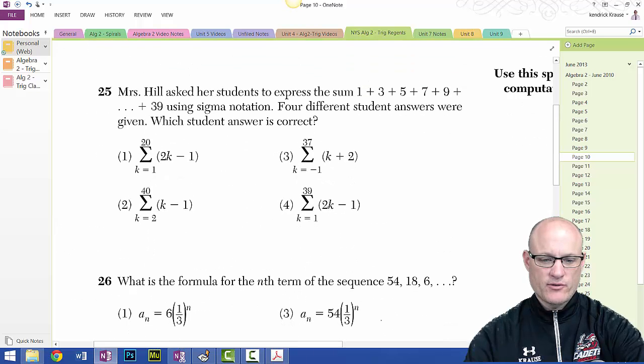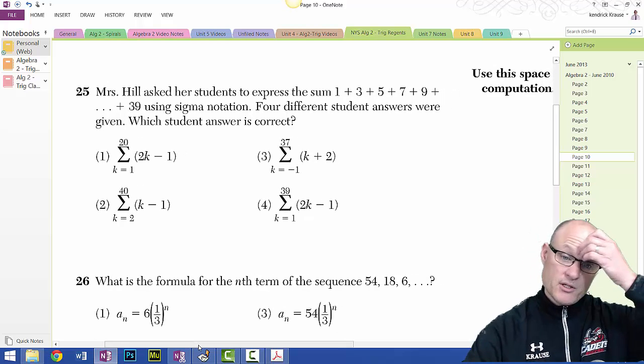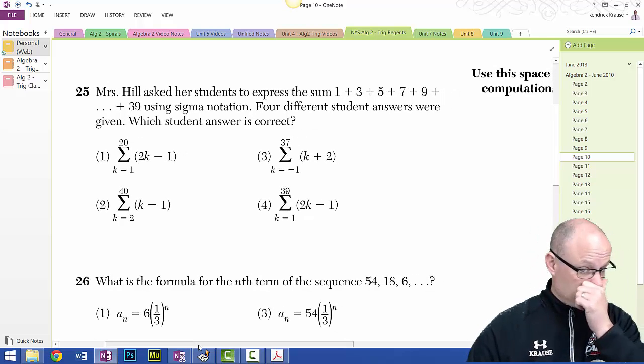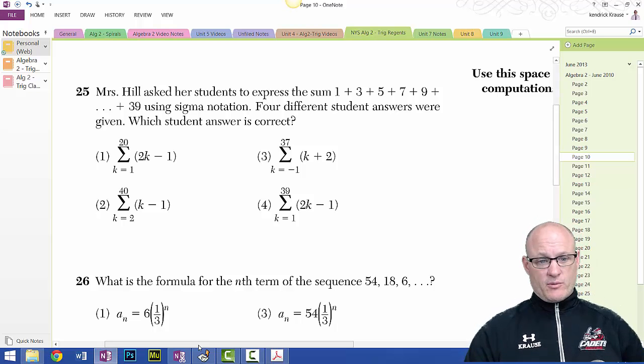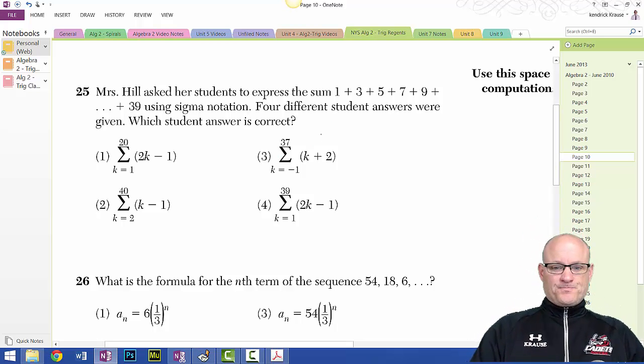So how do I want to solve these? Well, let's see what we got here. Let's make k negative 1. If k is negative 1, which one do we want to start with? This one looks good. K is negative 1. Negative 1 plus 2 is 1. These are odd, all the odd numbers.